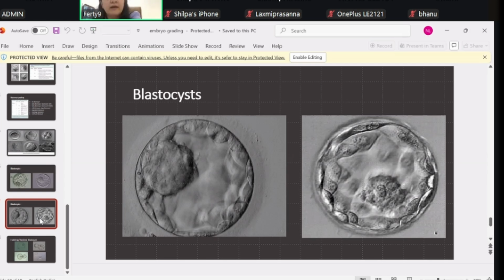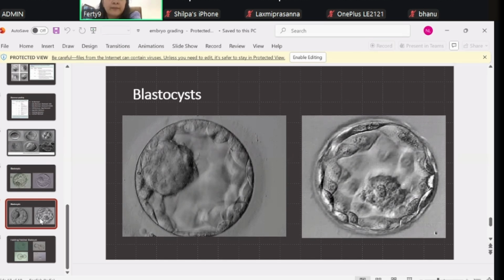Meanwhile, after collecting 2 to 5 trophectoderm cells, we freeze each blast separately, one blast in one cryotop or one straw. Once the result has come, we match it with the same embryo number.